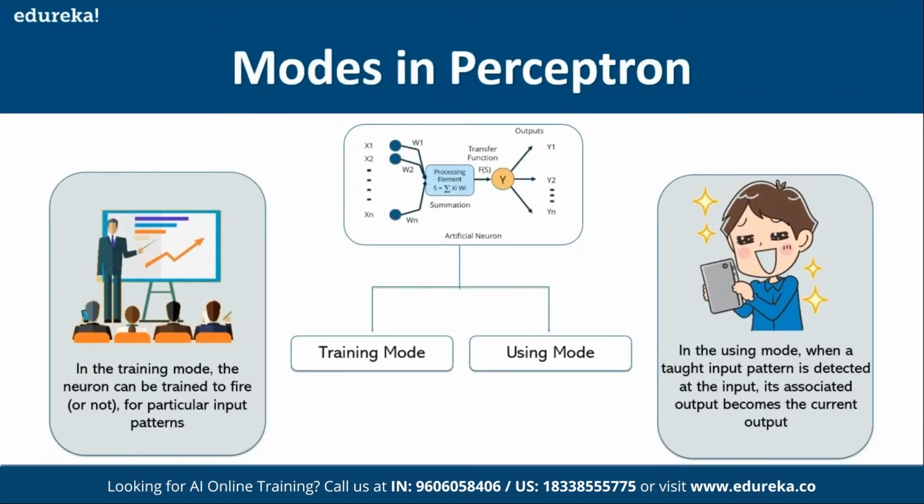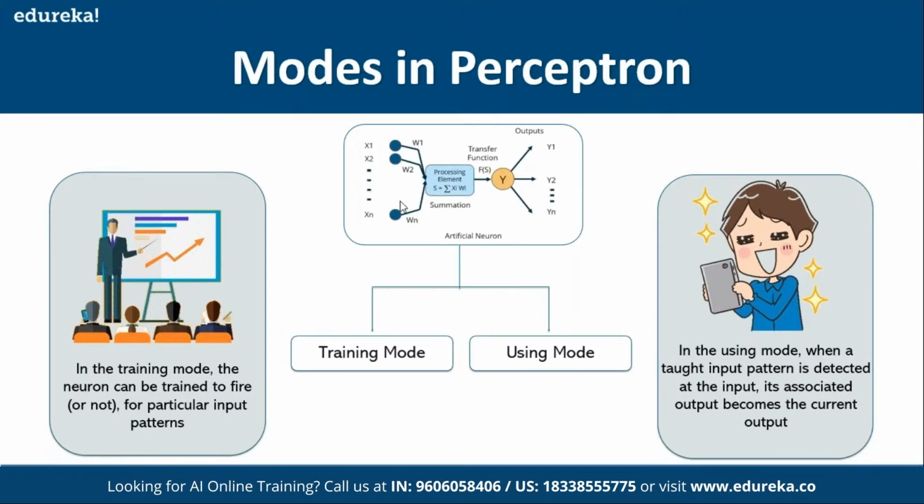It is like this: when we are kids, we go to school and learn something, and when we are adults, we go ahead and leverage what we have learned. So here also we have a training mode and a using mode, the same thing that we have as human beings.